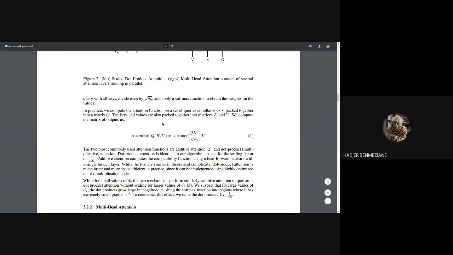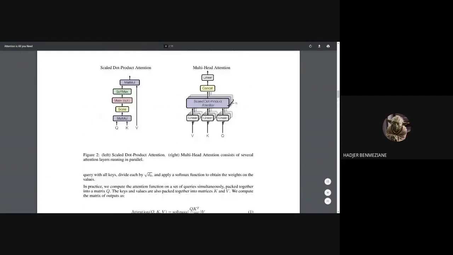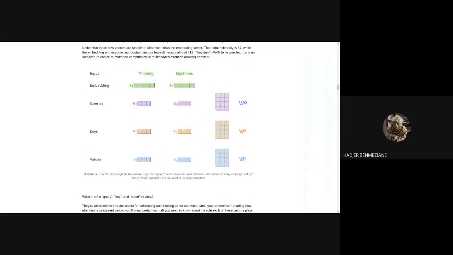So basically what we have is three weight matrices. And when we say weight matrix in deep learning, we mean that all of the information of this matrix will be learned. So at the beginning, it will be random, and then backpropagation, etc. And then we're going to learn these weights.